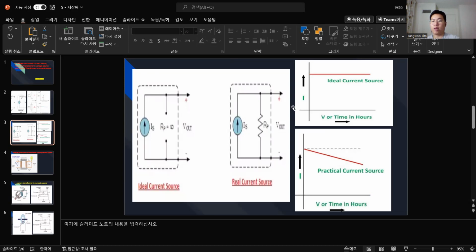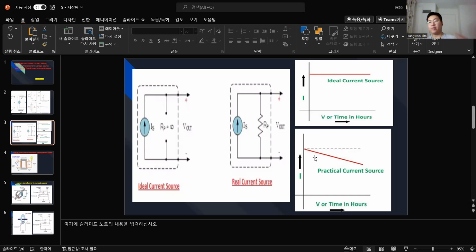So that's why the current is constantly the same. But I said this is ideal. Actually, in real life there's some resistor, so the current goes down a little bit. Same concept as the voltage source system.